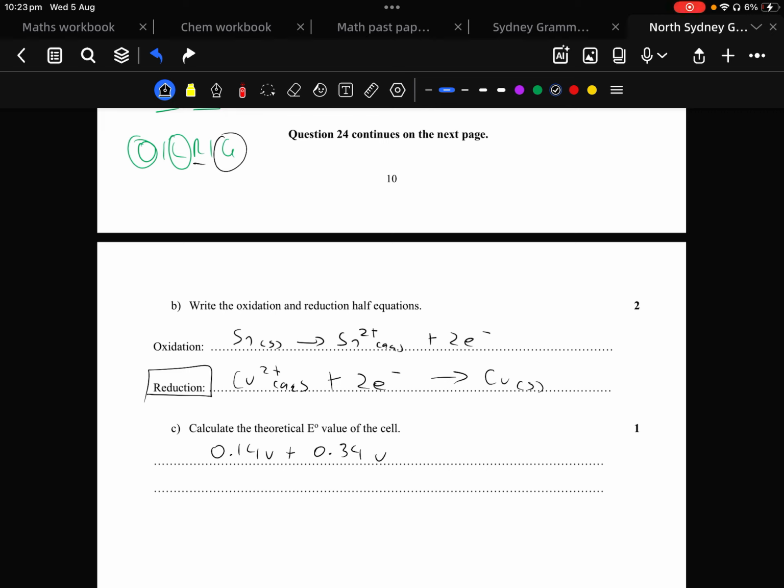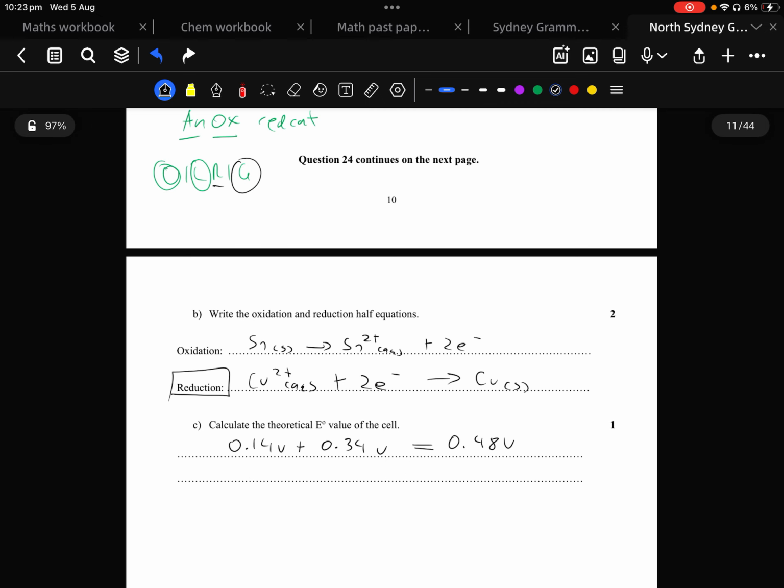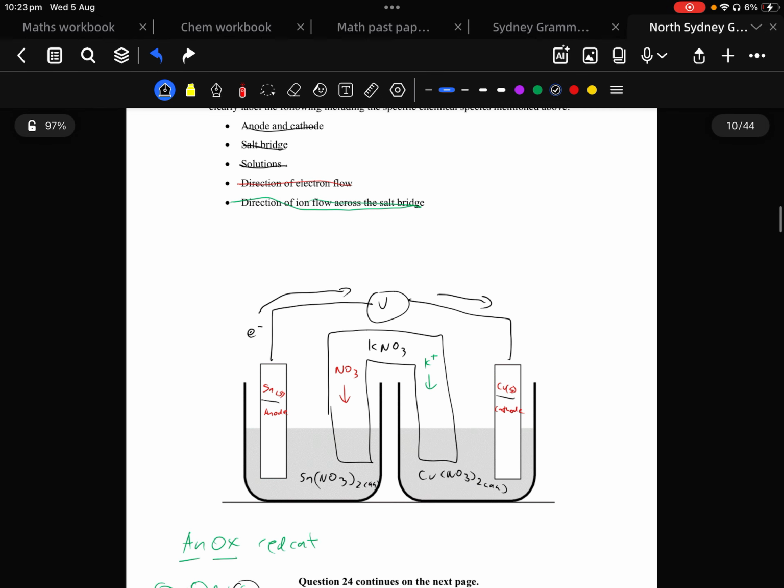And now I just add these values together, which would give us 0.48 volts. And that's galvanic cells.